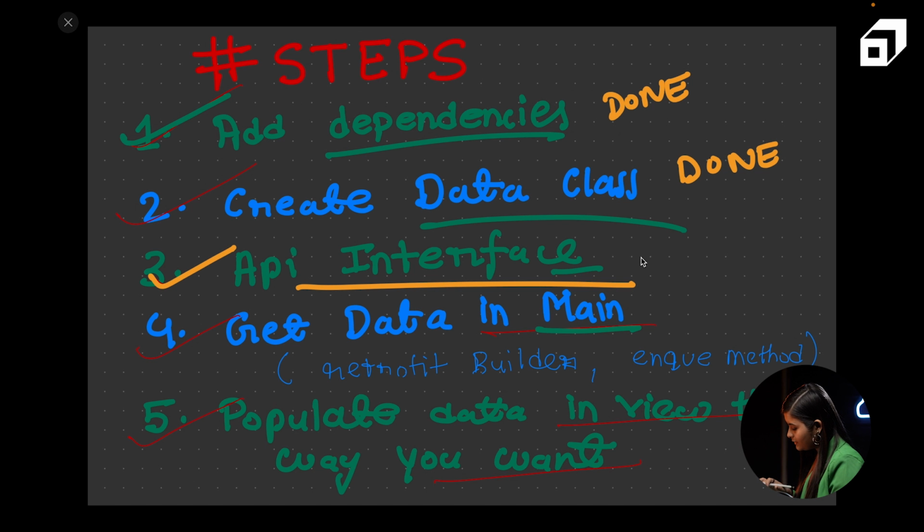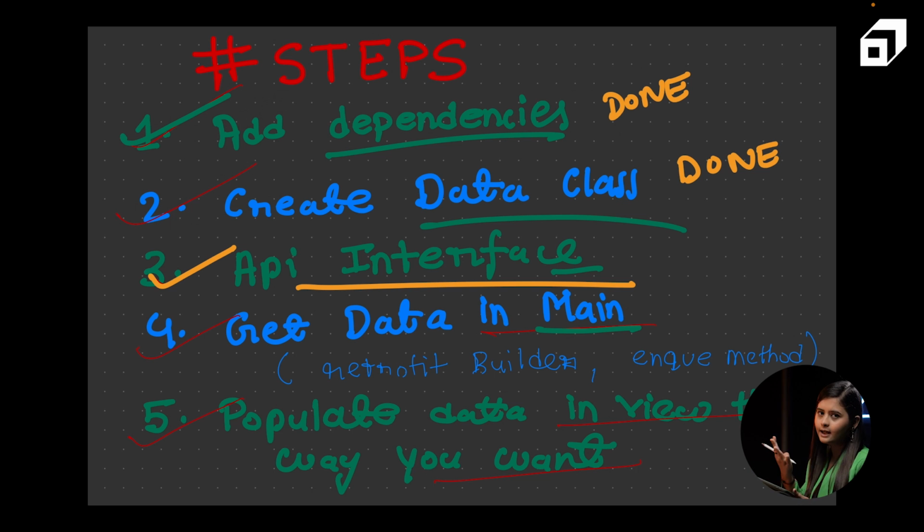Okay, so here is the screencast. Step number 1, we added the dependencies, retrofit and JSON converter. The mistake we made there was that we wrote the wrong dependency name, right? Make sure you write the right dependency name. Then we created the data class. Via that extension, we copied the JSON data, and with the help of the extension, we created the data class.